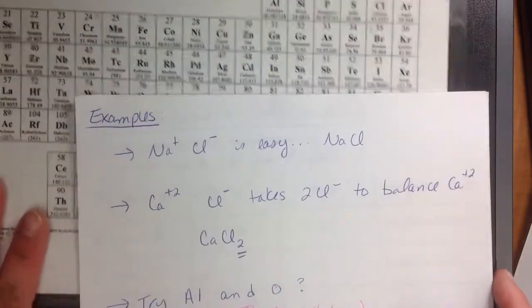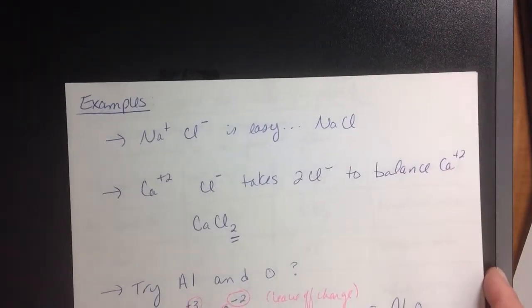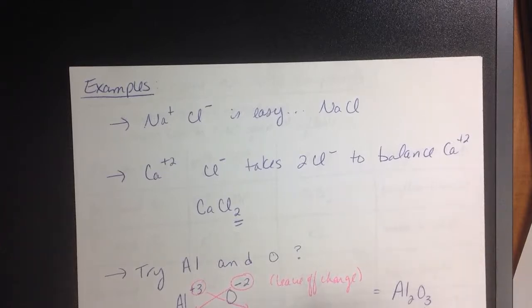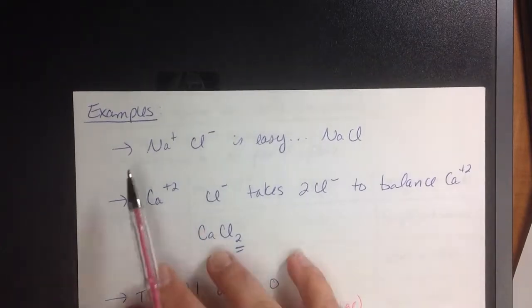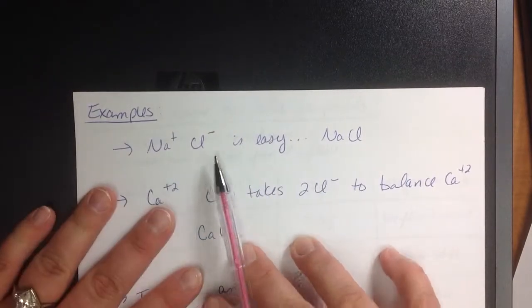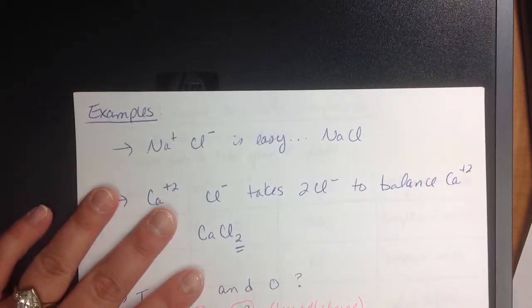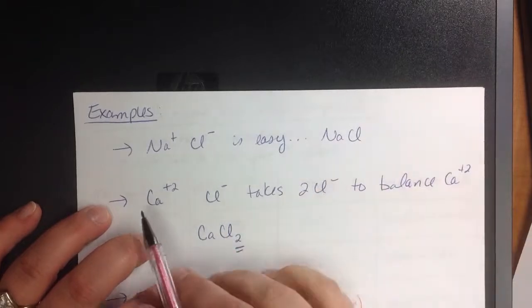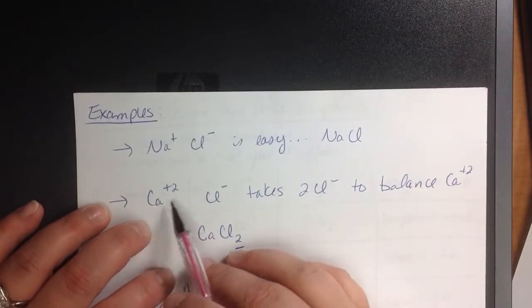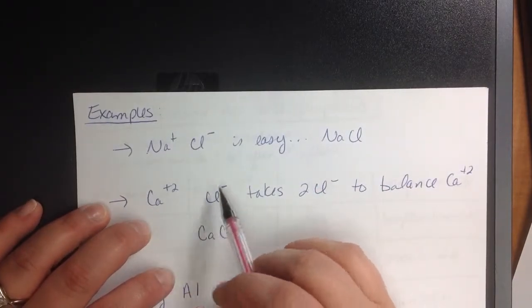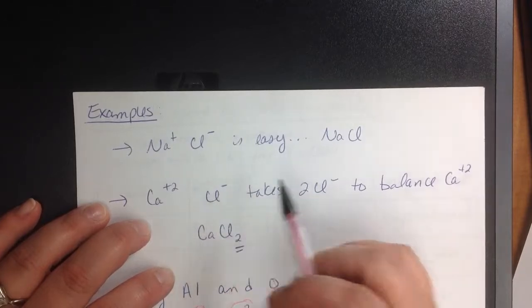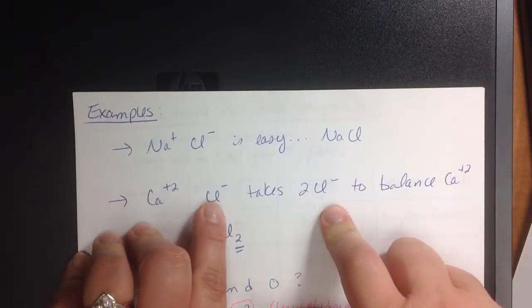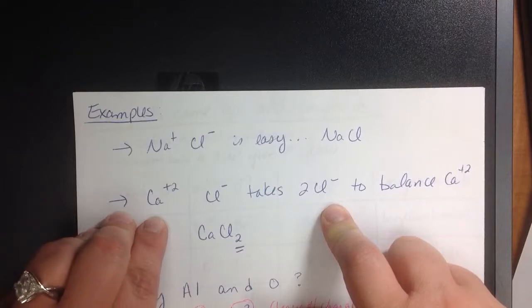It's easy to start off with Na and Cl. Na plus and Cl minus, they balance out. Everything's good, right? That would just be NaCl. But when we have Ca plus 2 and Cl minus, that takes 2 of the chlorines to match this positive charge.